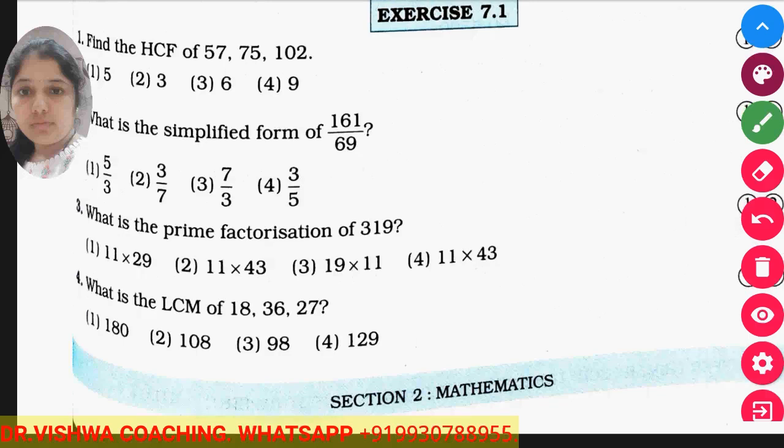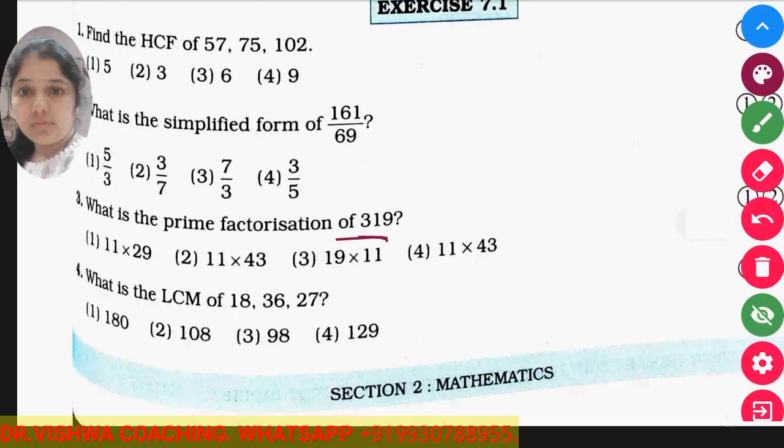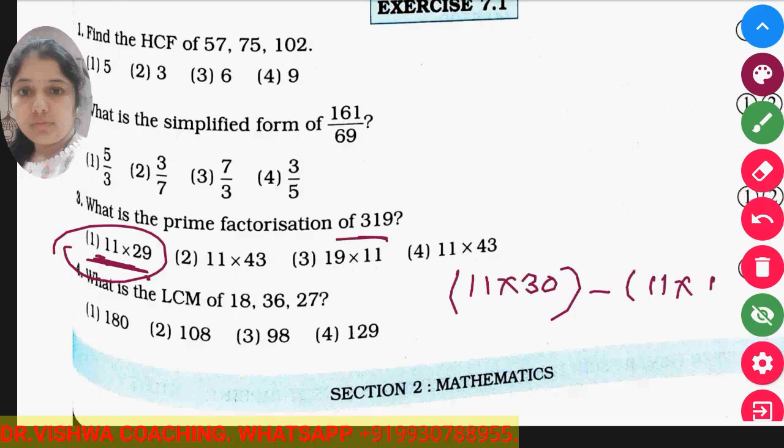Okay, now what is the prime factorization of 319? Here also I had used one trick. Okay, now see 11 and 29. We will just check the first option, 11 and 29. For that we know 11 into 30 minus 11 into 1. So 11 into 30 is 330. 11 3s are 30 and 0 as it is, and this is 11.